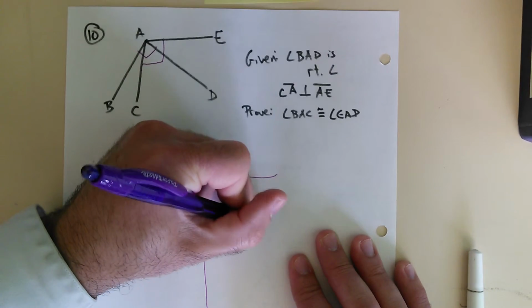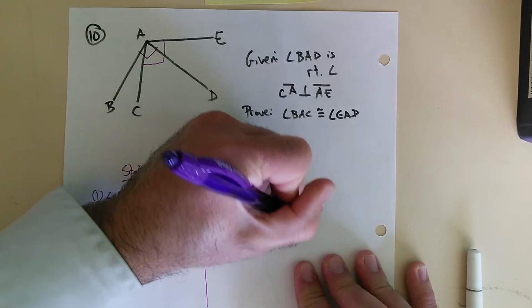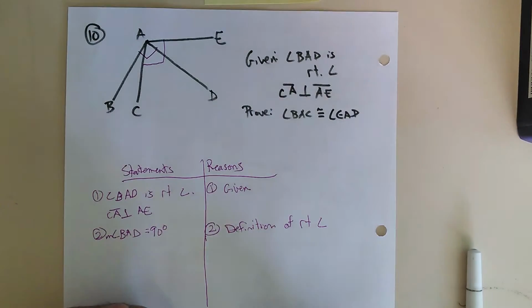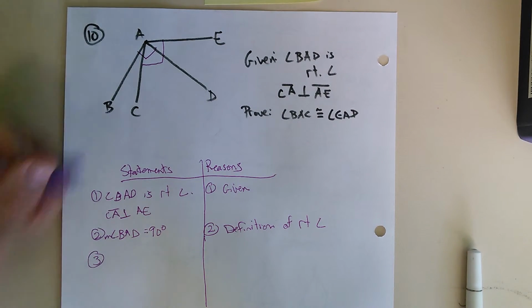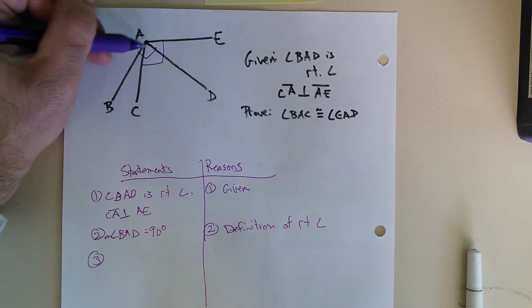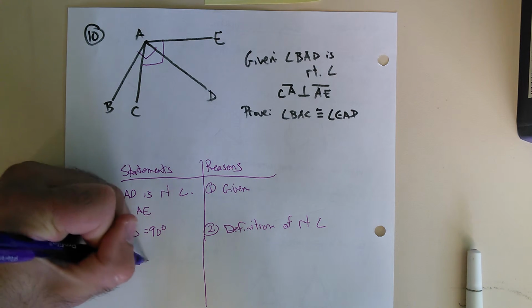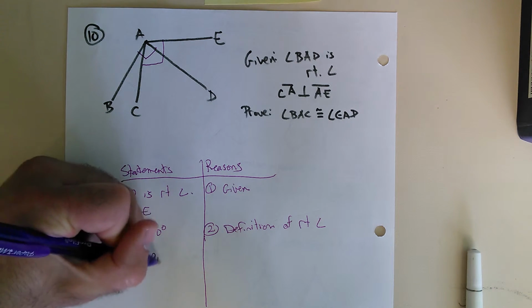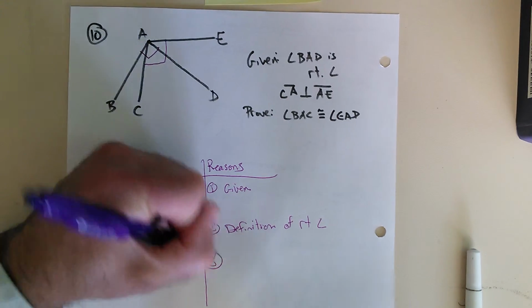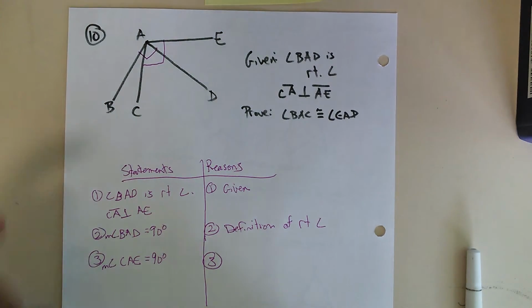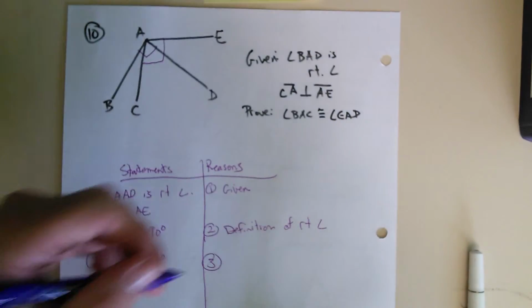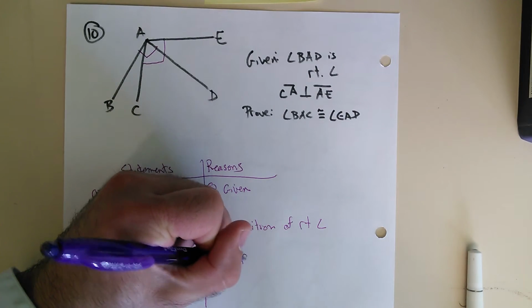Definition of a right angle. And I know that the measure of angle CAE, where these two perpendicular lines cross, must also be 90 degrees. And our reason for that is two perpendicular lines make a 90 degree angle. We could say that's the definition of perpendicular.